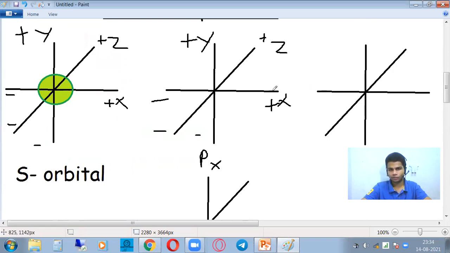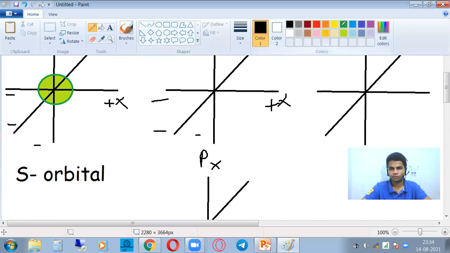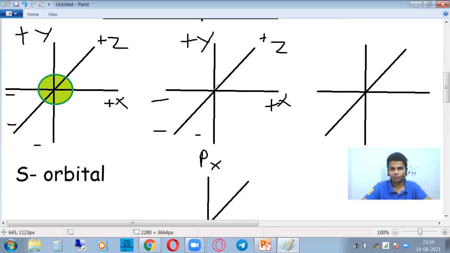So this is the x-axis. Here the electron will lie. Here will be the dumbbell shaped orbital. Let me show you. In this portion there will be a dumbbell, and in this green portion the electron will lie. Apart from that, there will be no electron. I'm highlighting this portion as well. At this portion, you can find the electrons.